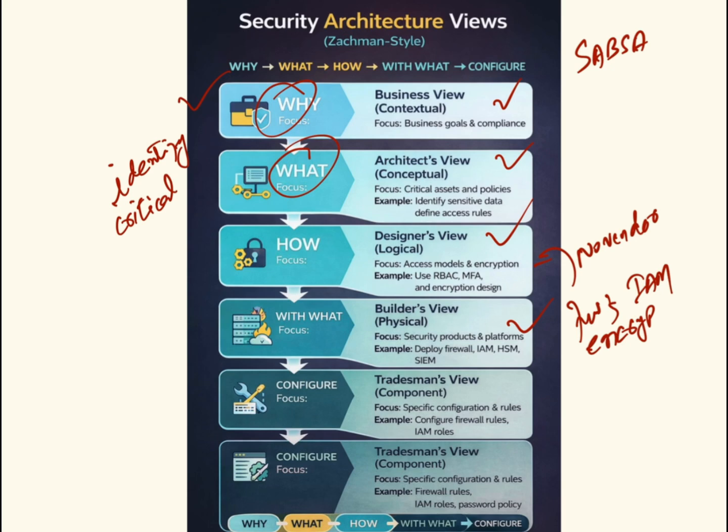So install firewalls, encrypt data in transit, in use, in process. So this is the layer where technology choices appear. So here we discuss the choices.